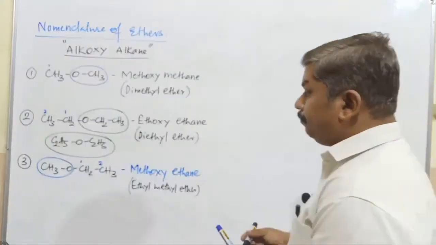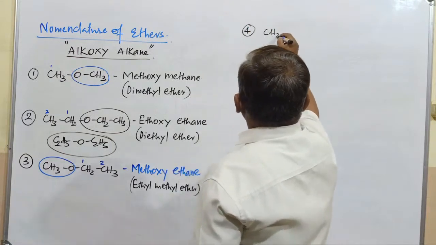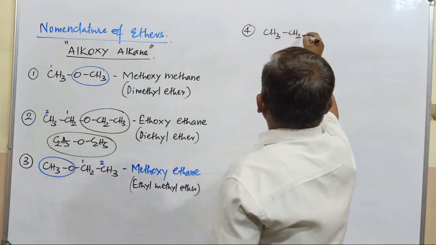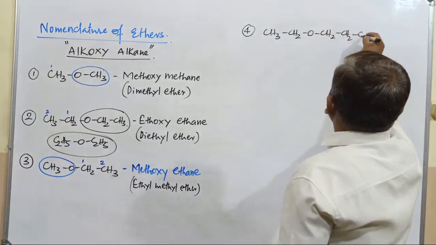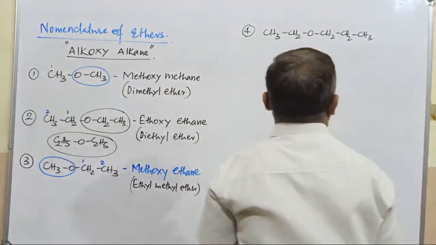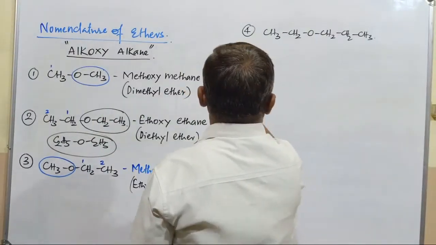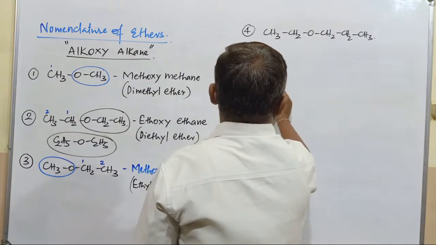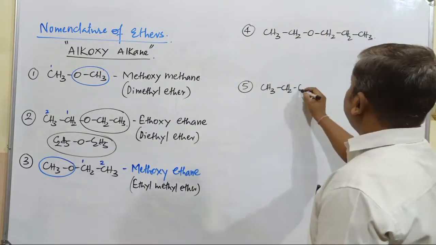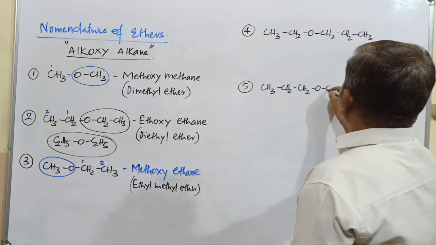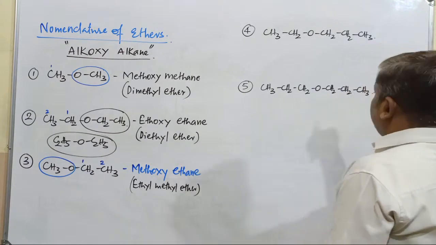Fine. Number 4, fourth compound if you consider CH3, CH2, O, CH2, CH2, CH3. What is the IUPAC name as well as common name of this compound? Similarly, CH3, next one CH2, next one CH2, O, CH2, CH2, CH3, right?